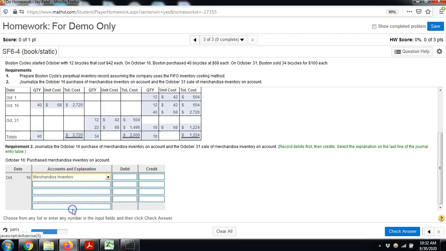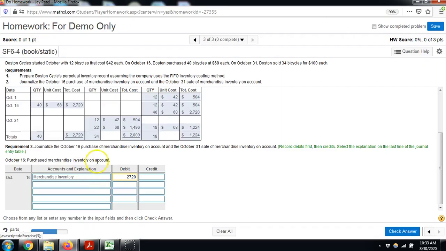It's just like in chapter 5 where we learned about the different purchase and sale transactions. Now we're just calculating the different elements of it by unit cost and quantity, but for the journal entry purpose we just care about the total, because that's how many dollars we're adding to our inventory balance.